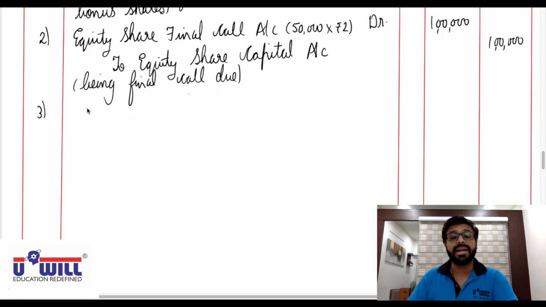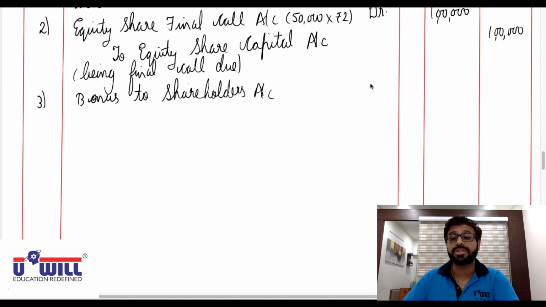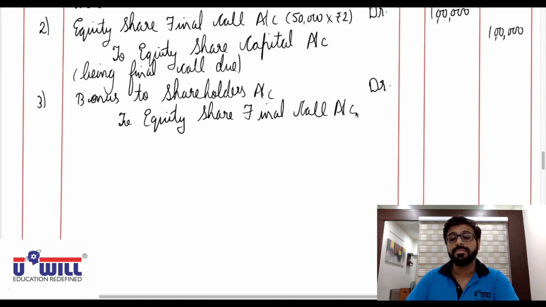Now partly paid bonus, third entry, bonus to shareholders account debit. Okay, instead of bank account debit we are not going to receive that, so bonus to shareholders account debit to equity share final call account. What amount? This 1 lakh of final call.